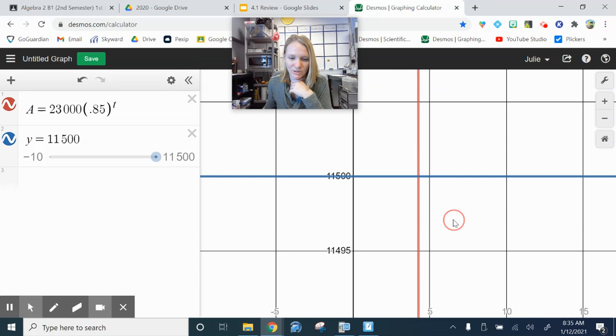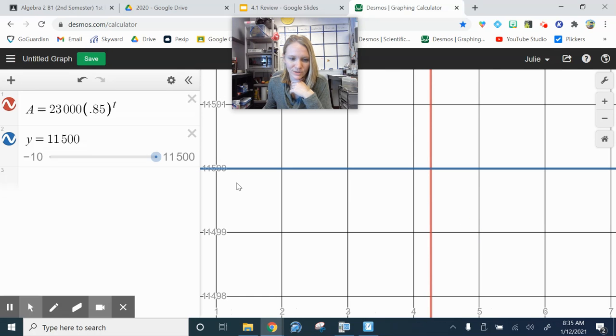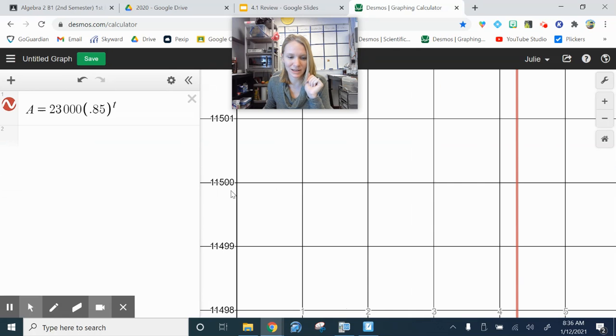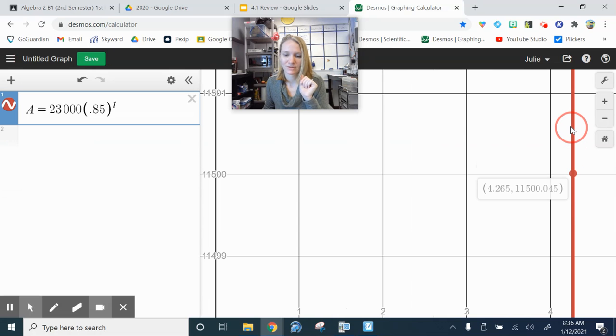And if I zoomed in really, really close, you're going to see this. Here's our 11,500. And here's my 4. So we're right after. So you could zoom in. You don't have to type this part in. Like if I close it out, I still see my 11,500. And here's my 4 on my graph. So I can still kind of see approximately, there we go.